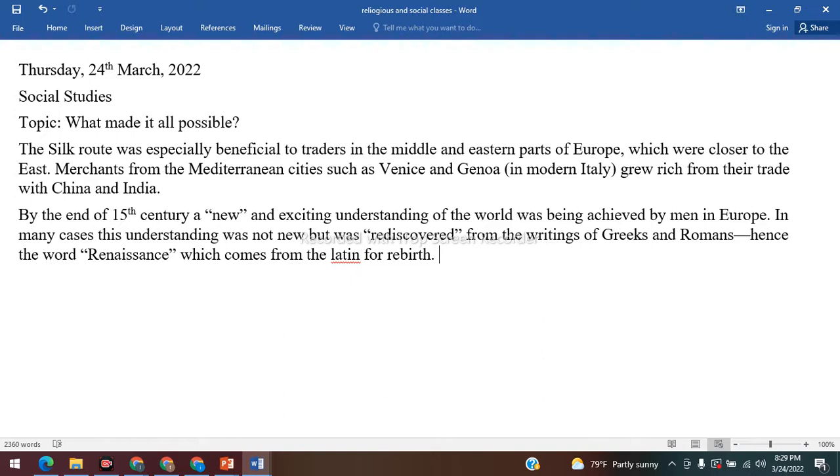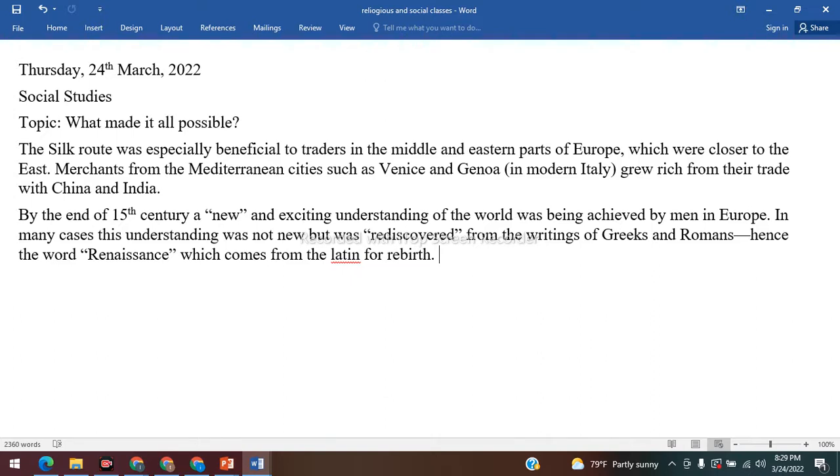This era of intellectual awakening, academic achievement, inventions, paintings, art, literature and writing, we call the Renaissance.